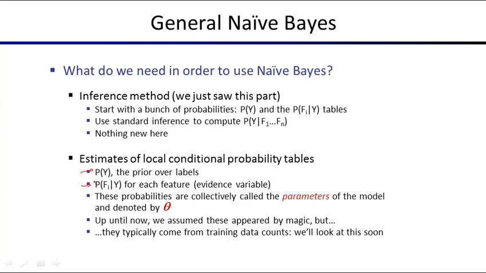For now, in all past lectures, we have just taken those as parameters that are given. What we're going to change now is that we're going to take data, and from the data, figure out what theta is, or more concretely, figure out what the entries should be in P(Y), and what the entries should be in the conditionals for the features given the label.